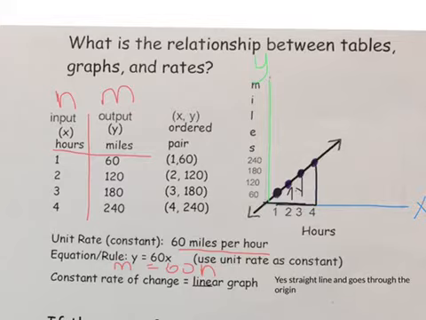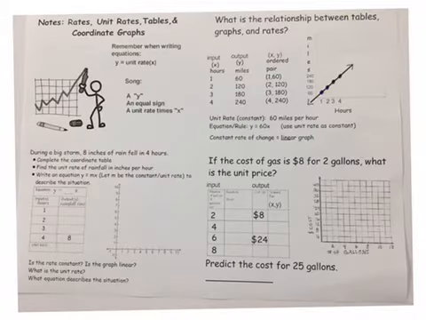So whenever I look here, this straight line continues through this point right here. That's the origin right there. It goes through the origin, and it is a straight line. So it's got to do both things in order for it to be a constant rate of change.